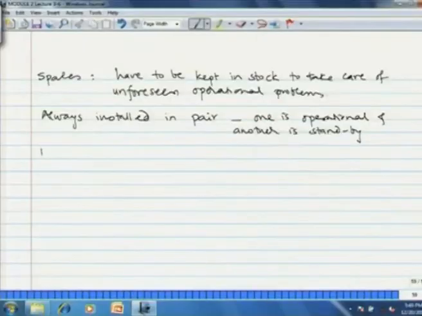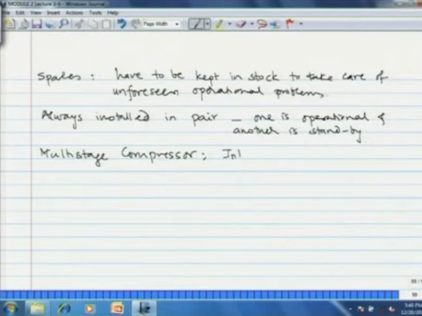Now, in many cases you have to compress to a very high pressure level. Therefore, a single compressor may not serve the job. So, you have to go for a multi-stage compressor. Multi-stage compressors always have interstage cooling, because compression is an adiabatic process.